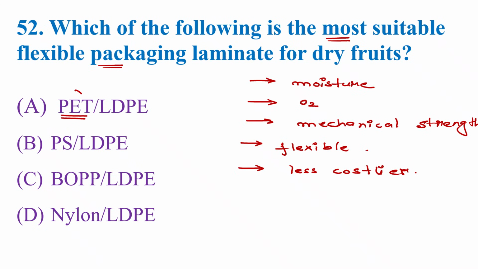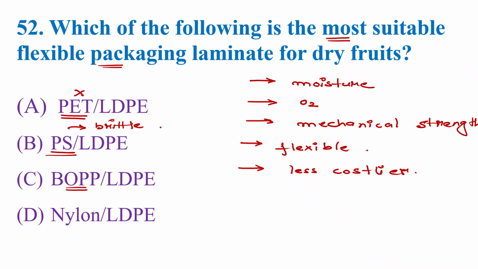Next, PS. PS is a bit brittle in nature, so it's not flexible. It cracks easily. It has poor moisture barrier property also. Next, BOPP, that is biaxially oriented polypropylene.